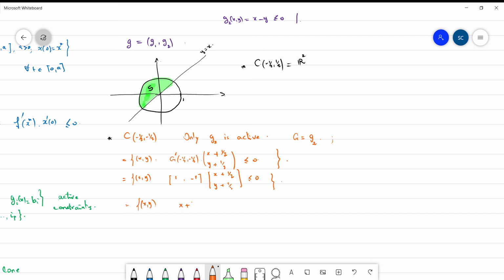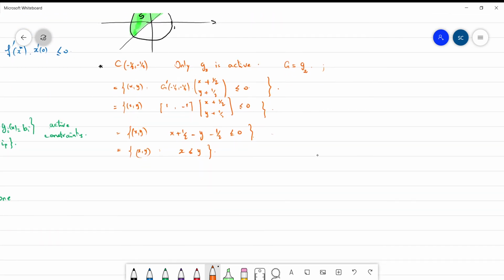So x + 1/2 minus y minus 1/2 is negative, which is the set of (x, y) such that x is less than y.